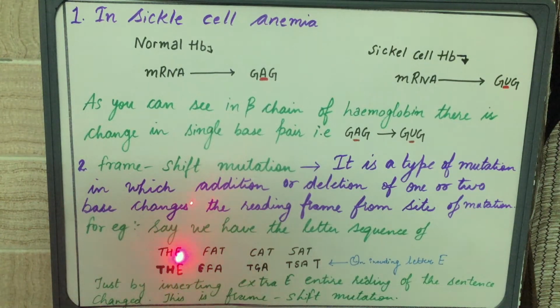So on inserting a letter E at this point, the sentence would change into THE, EFA, TCA, TSA and T. So on addition of a single nitrogenous base, that is E, at this point the whole reading frame from the site of insertion has changed. So this is known as frameshift mutation, when the addition or deletion of one or two bases changes the reading frame from the site of mutation.